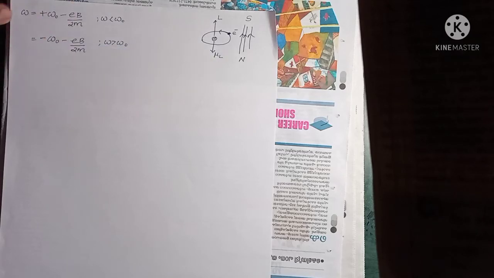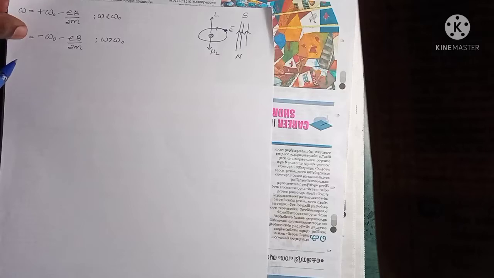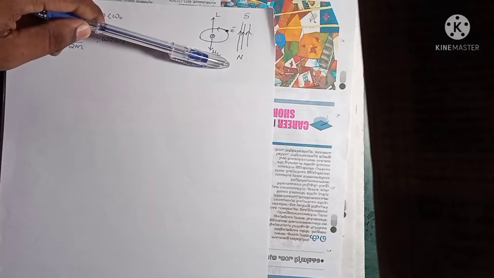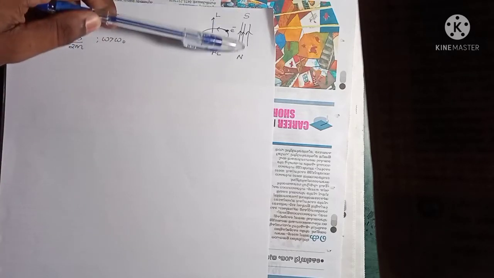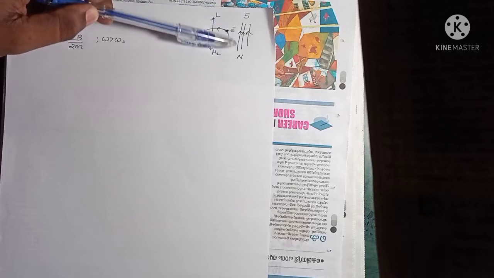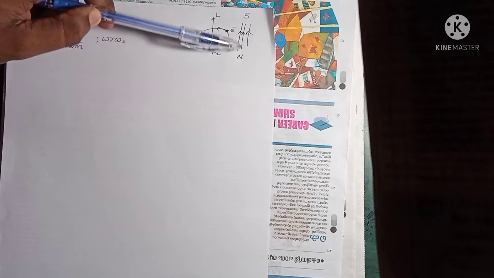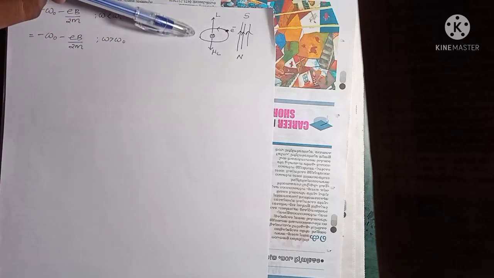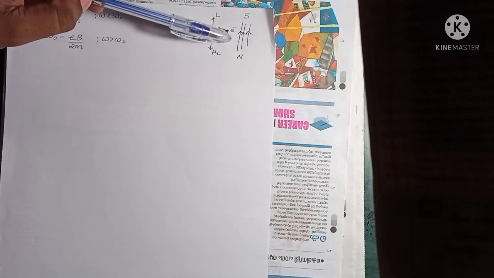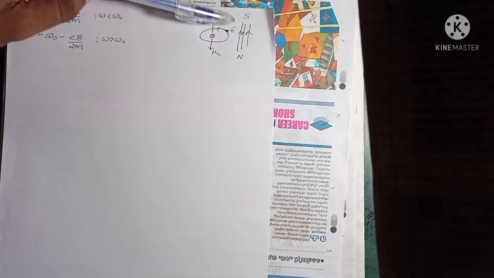So now, this is just an imaginary north pole and south pole. This is assumed because of the direction of the magnetic field. So this rotating or revolving electron, as you already know, acts like a bar magnet.